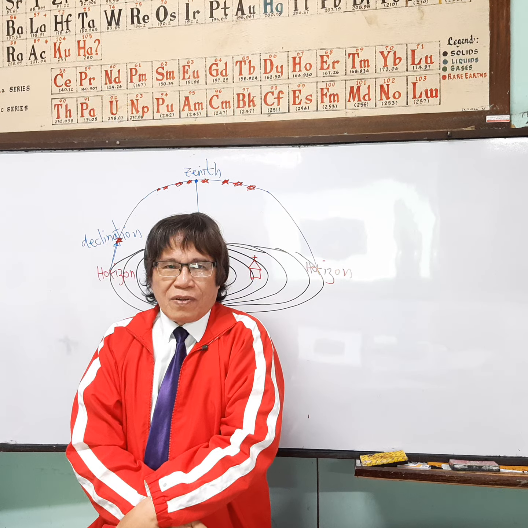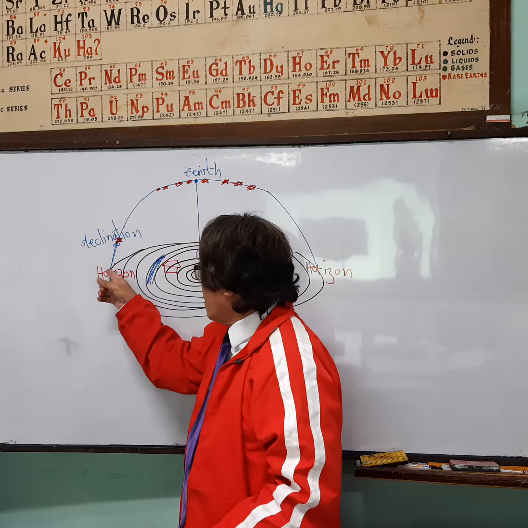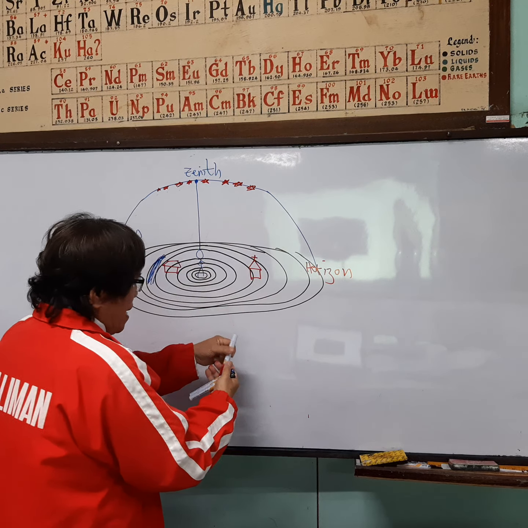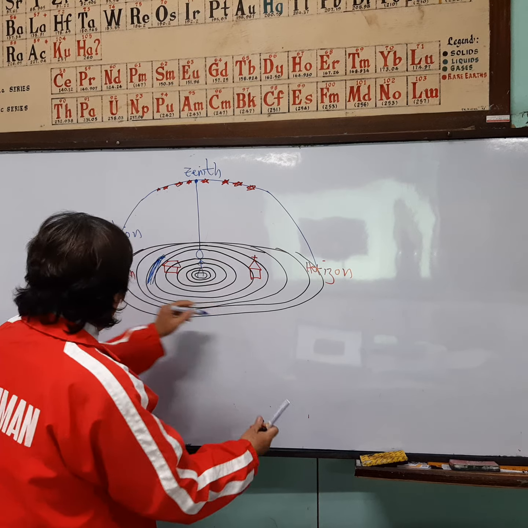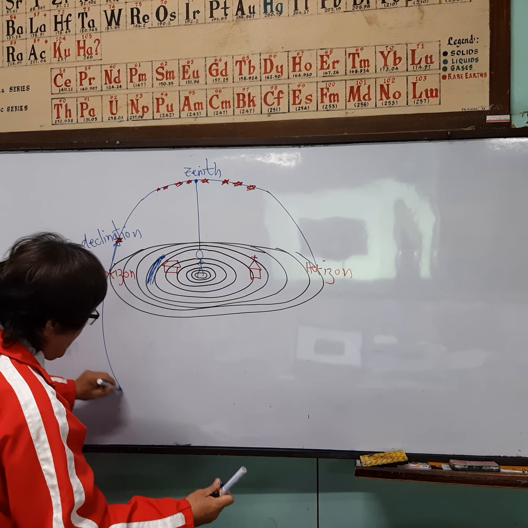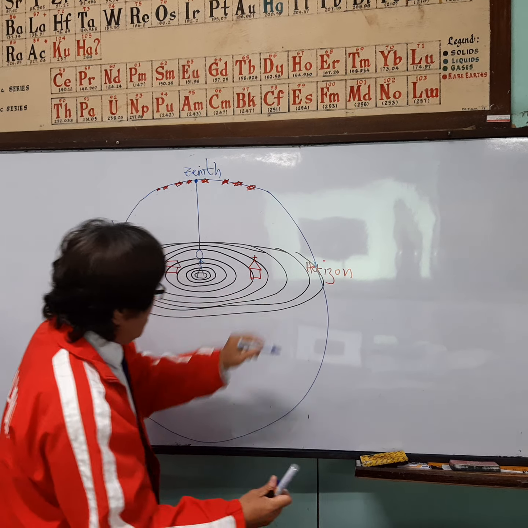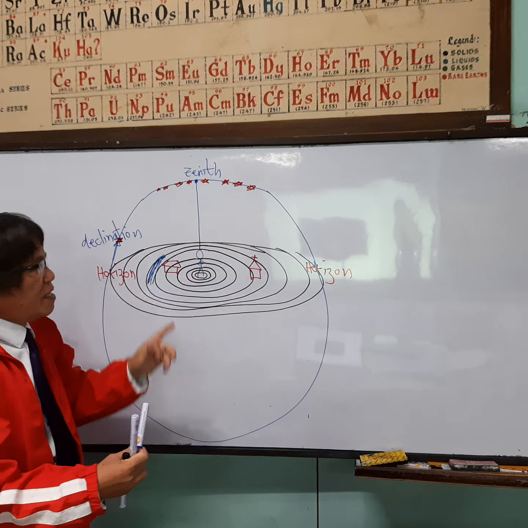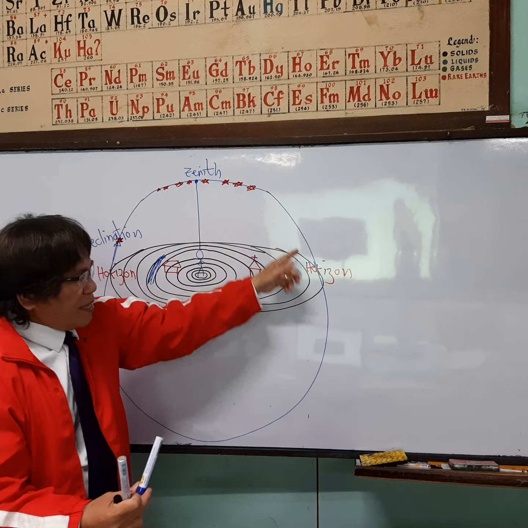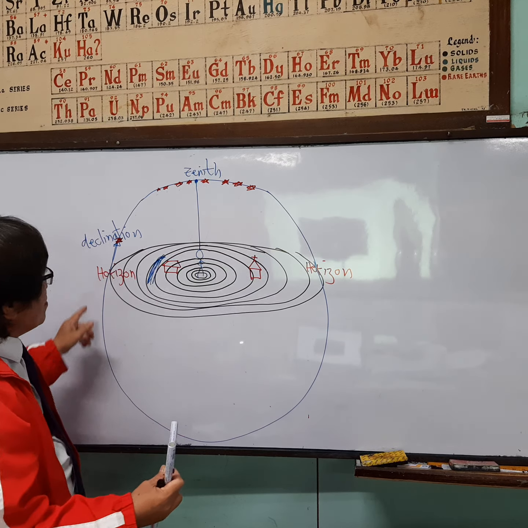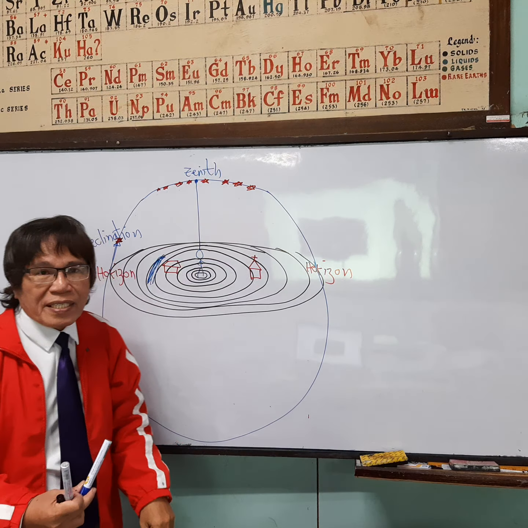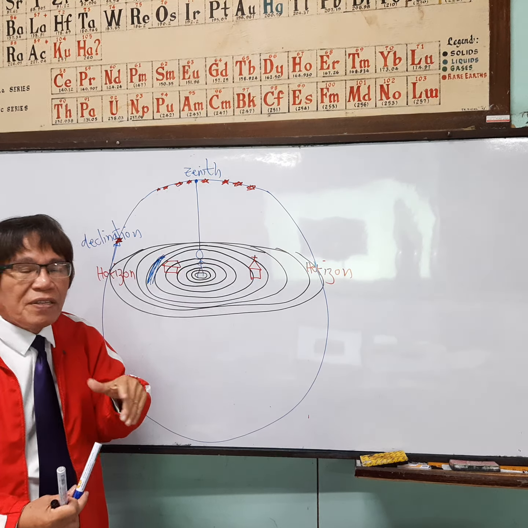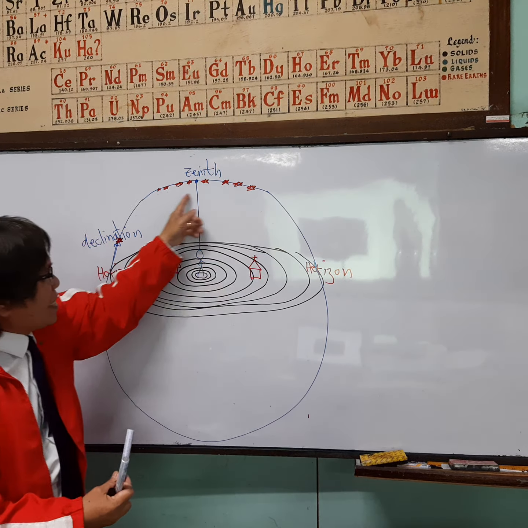Of course, if you are going to the other side of the planet, one complete path around is 360 degrees. Half of the 360 degrees is 180.